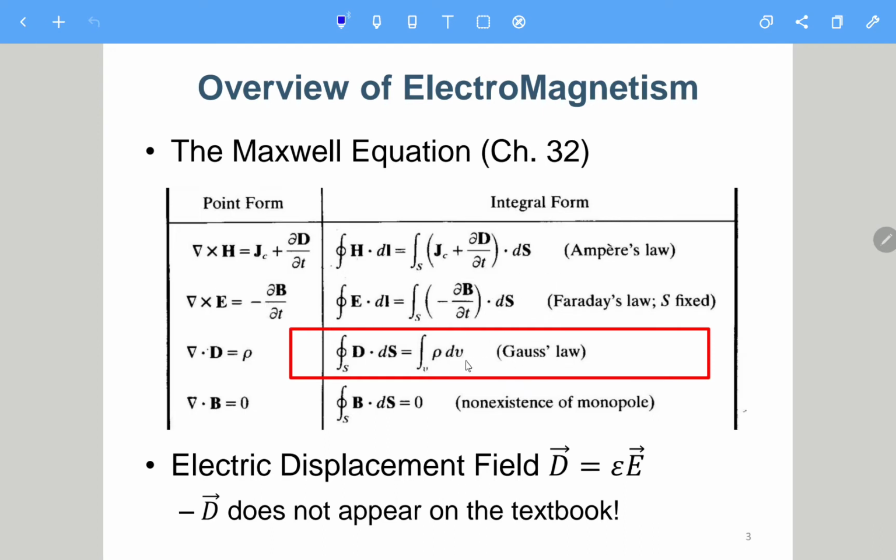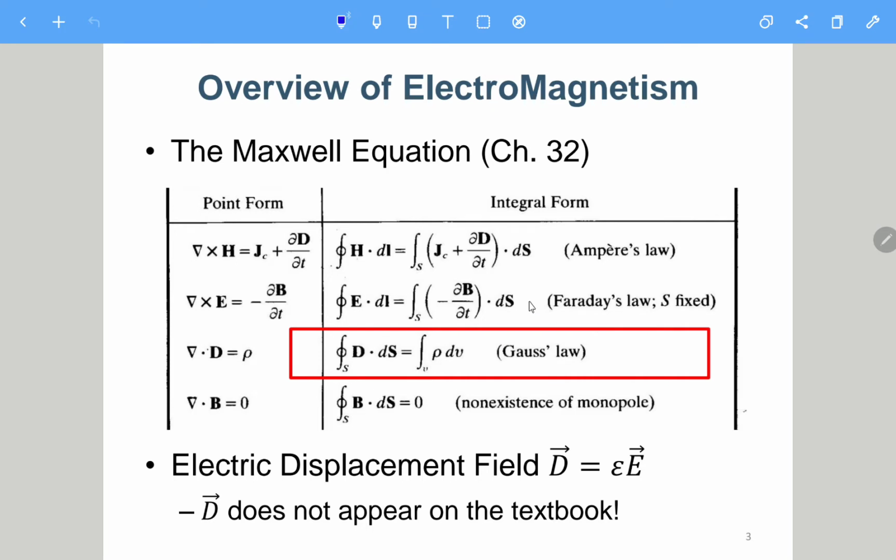In chapter 32, we will also introduce this one. This is Gauss's law, and this is Gauss's law for the magnetic field. In chapter 29, we will learn Ampere's law.